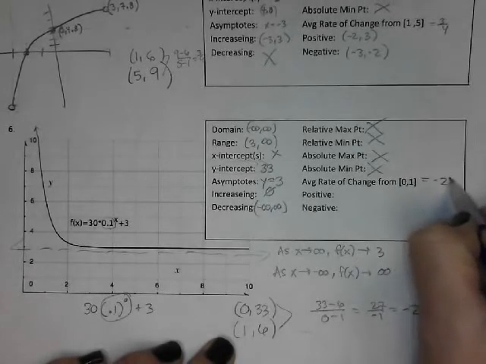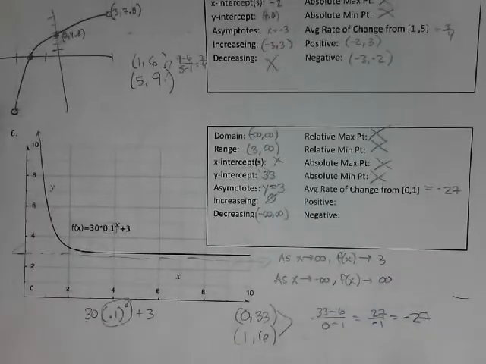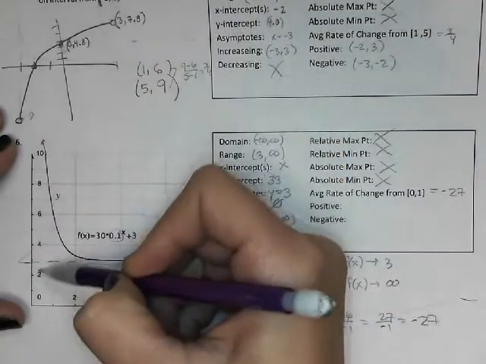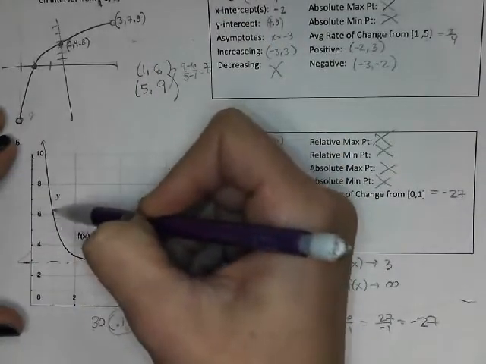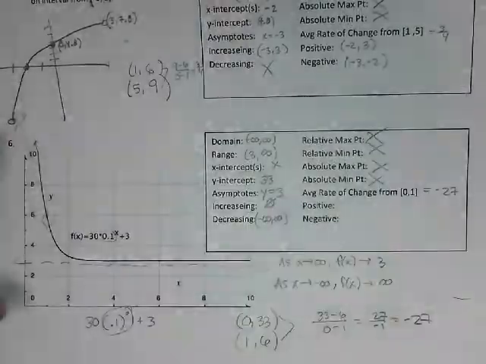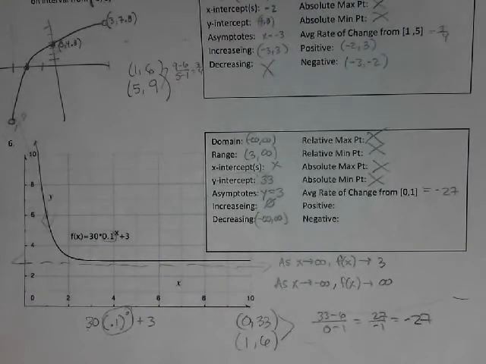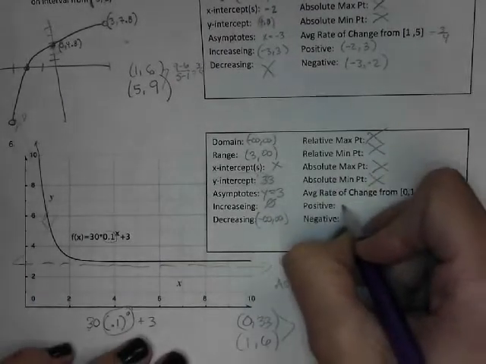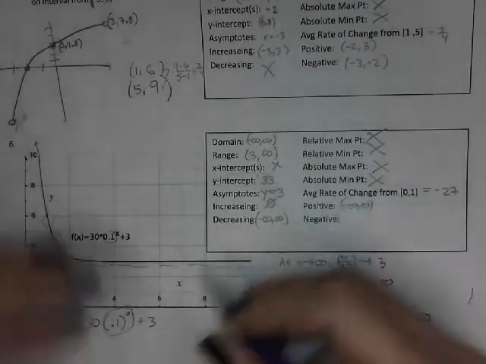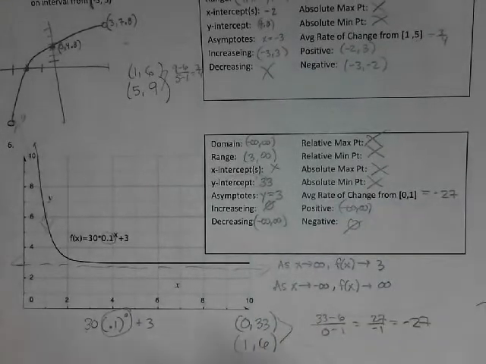That should make sense that it's a negative average rate of change because you're starting way up at 33 and the 1 is like here. So you have a very negative slope. Positive always, because it's always above the x-axis, negative never.